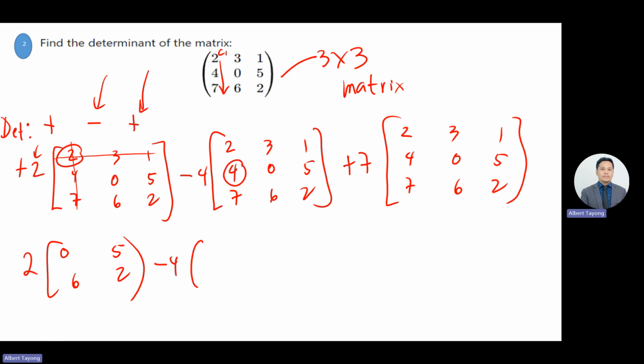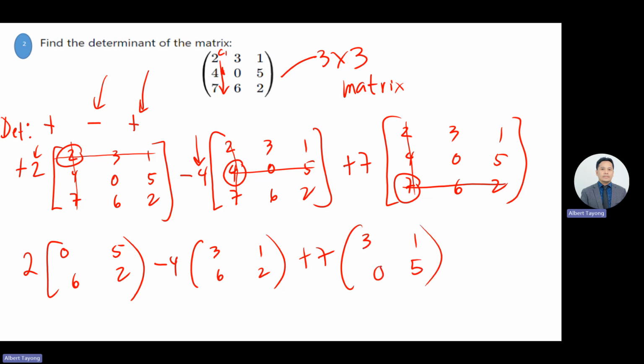We're going to encircle 4, left to right, up and down. The remaining is 3, 6, 1, and 2. Then the last is plus 7. We're going to encircle 7, left to right, up and down. So the remaining is 3, 1, 0, and 5.